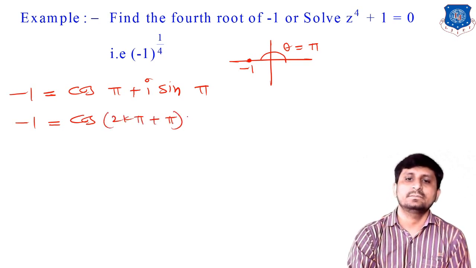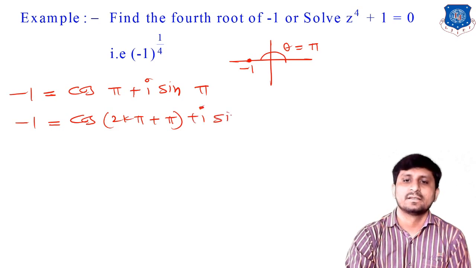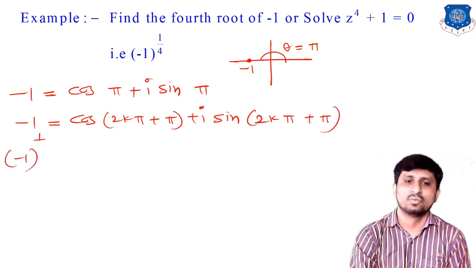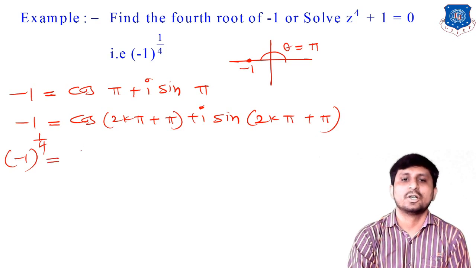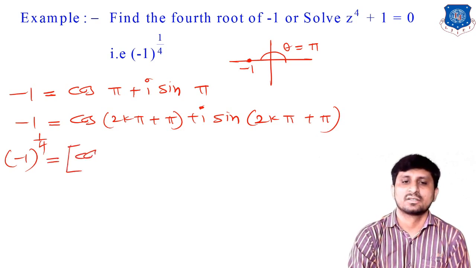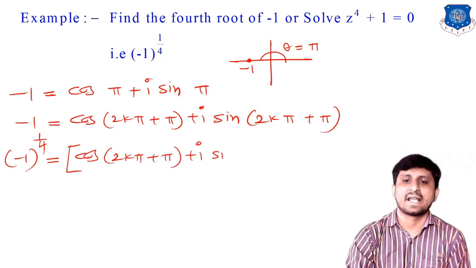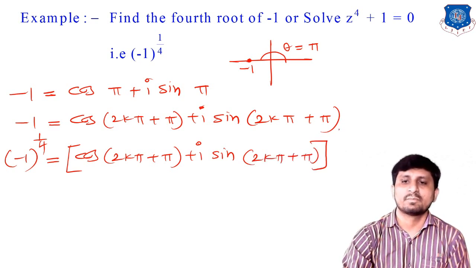plus i sin(2k pi plus pi), okay, and (minus 1) raised to 1 by 4 is equal to [cos(2k pi plus pi) plus i sin(2k pi plus pi)] raised to 1 by 4, and now apply De Moivre's theorem.